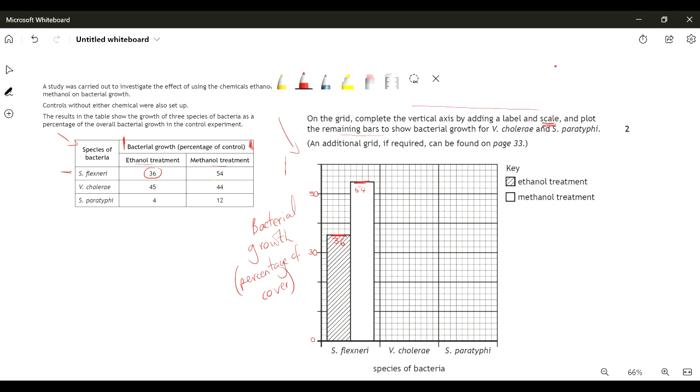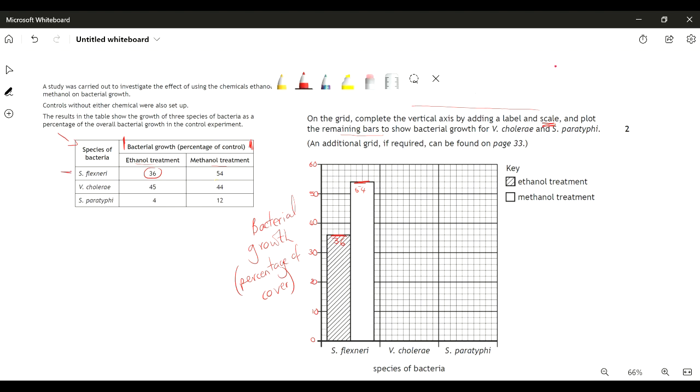So 0's here, and then we have to fill in all the others, and we've got to be extremely careful that it lines up perfectly with that marker. Oops, that's probably not perfect. And there we go. So for the first mark, these two aspects have got to be correct.